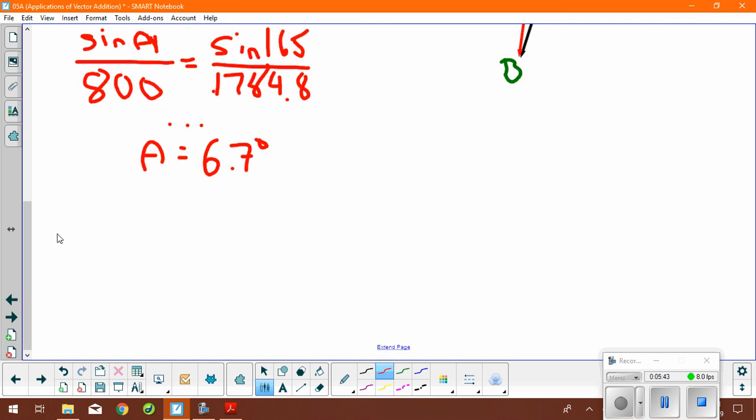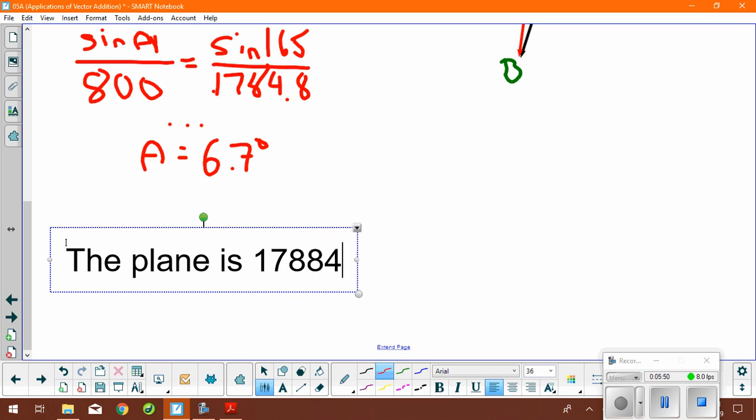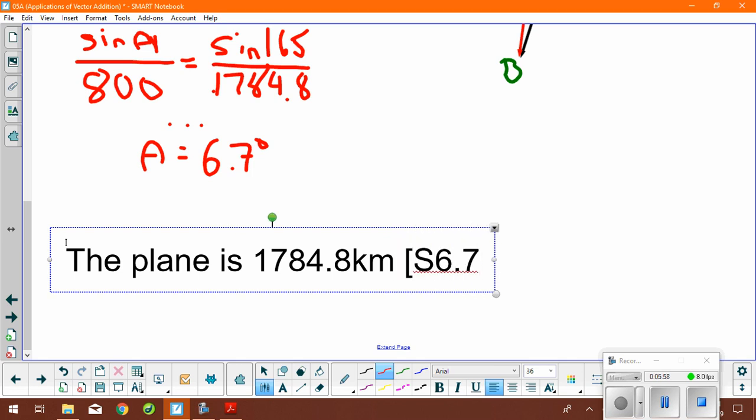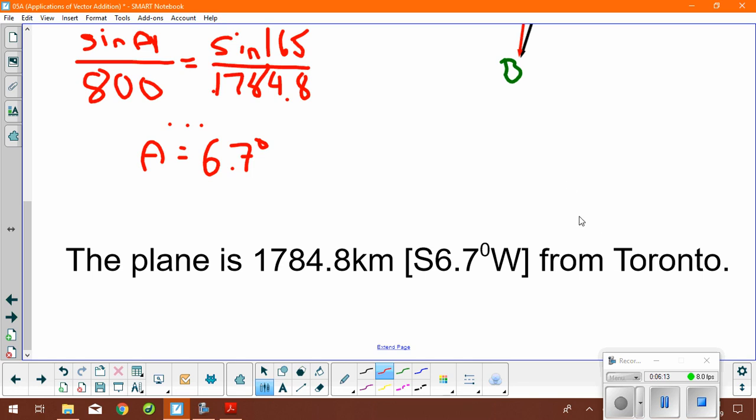So the plane is 1784.8 kilometers south 6.7 west. Okay, there we go.